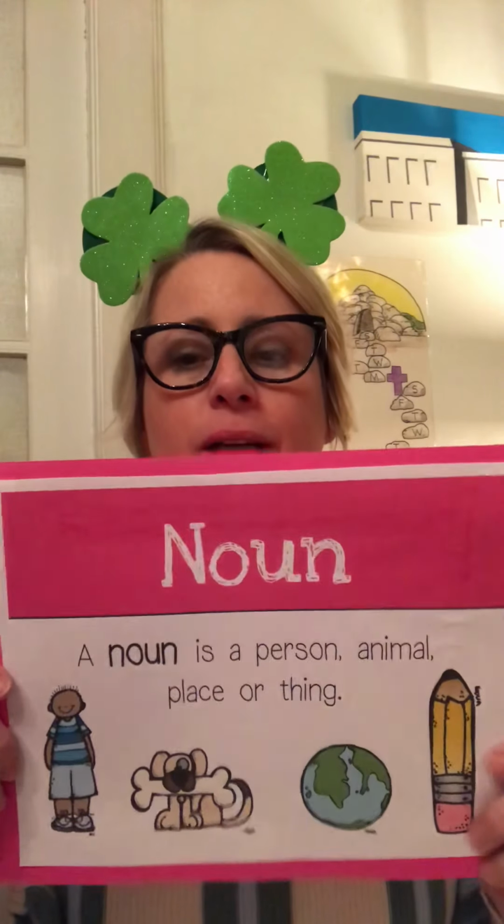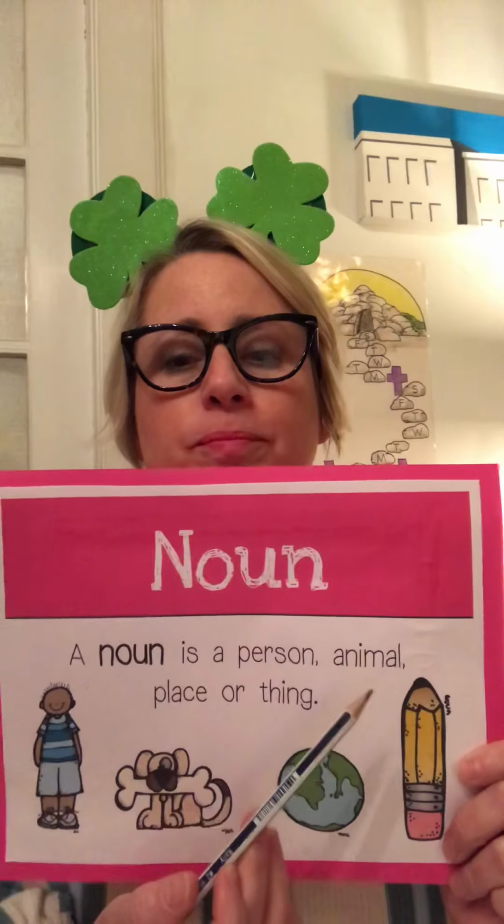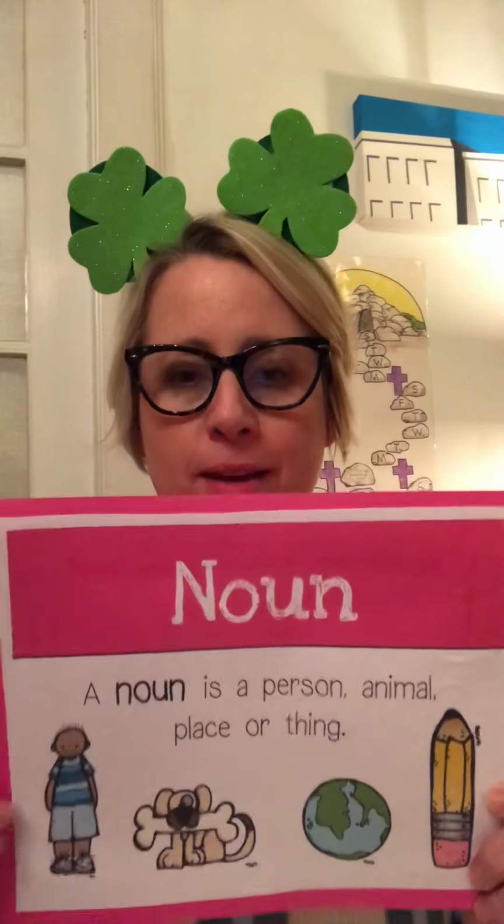All right, moving on to the word work. We were hunting for nouns. A noun is a person, animal, place, or thing. Did you guys find them all? Did you find all the nouns, all 10?